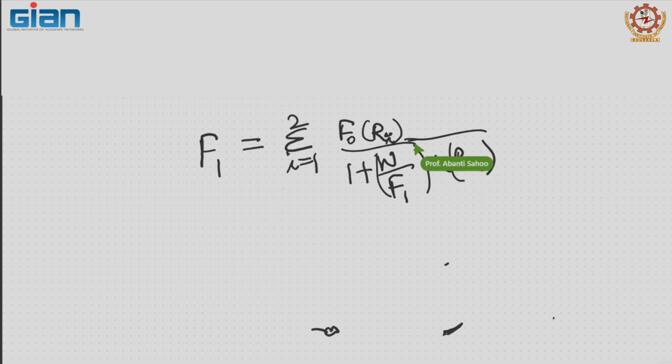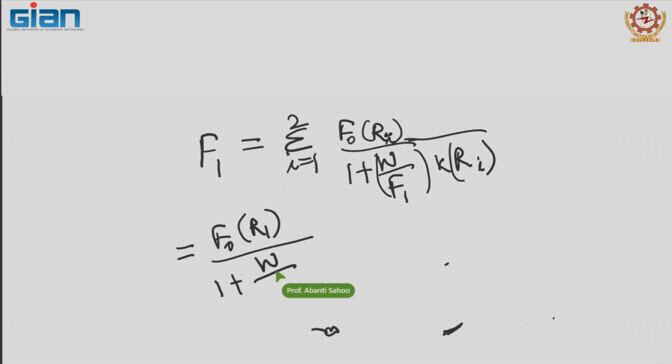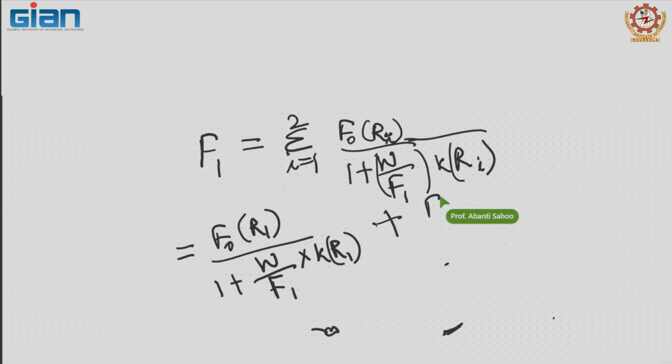For any particular size Ri, if you expand this, instead of the summation we can write F0 R1 divided by 1 plus W by F1 into K R1, plus F0 R2 divided by 1 plus W by F1 into K R2, since only two sizes are there, 1 and 2, which we can separate.